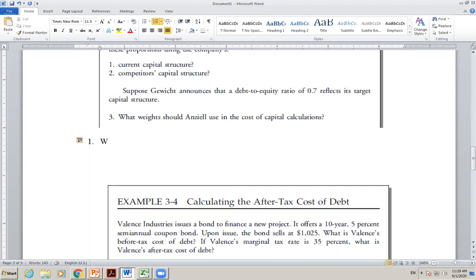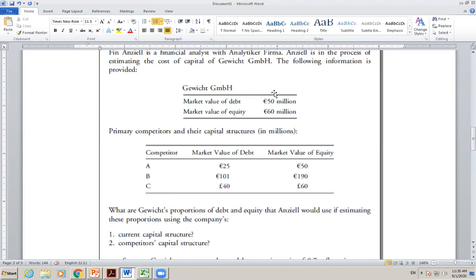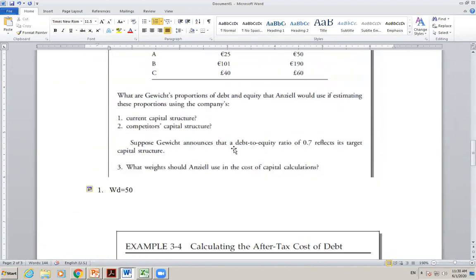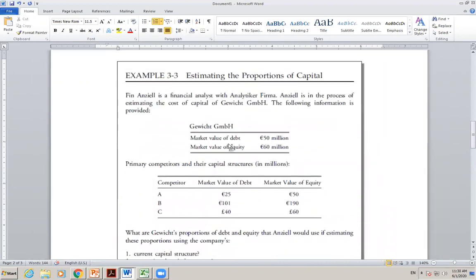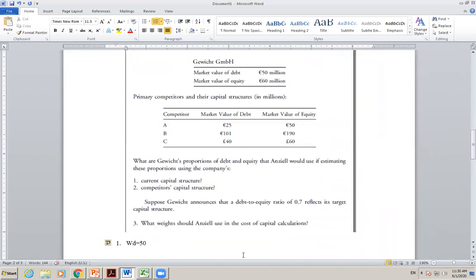So the weighted average of debt is equal to 50 million divided by 110 million. How did I get it? I got 50 plus 60, the total assets. That gives me the proportion of debt in the capital structure, which is 45.5%.